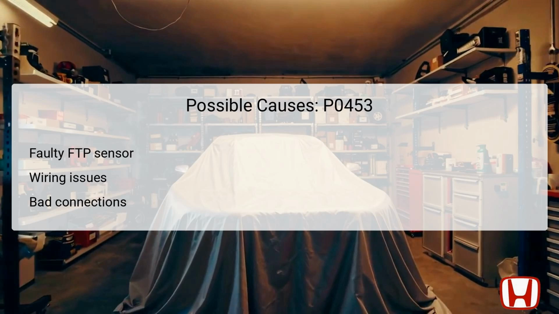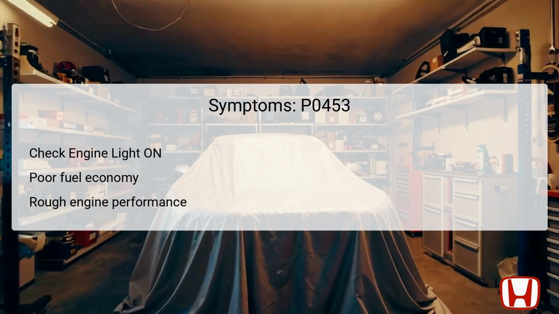Vehicles exhibiting DTC P0453 typically demonstrate a few noticeable symptoms, most notably the illumination of the check engine light, CEL. This warning signifies a fault detected, urging the driver to address the issue. In addition to the CEL, drivers may also experience poor fuel economy, characterized by an unexpected decrease in miles per gallon.